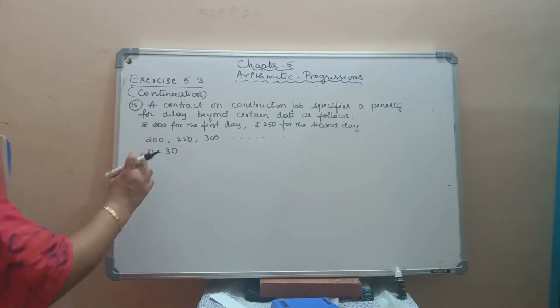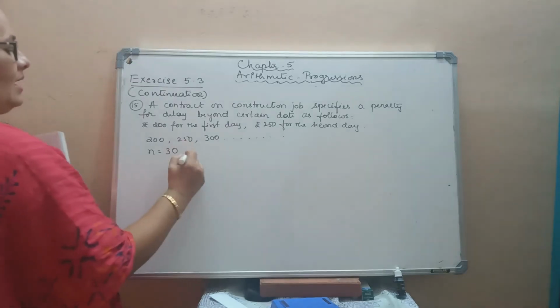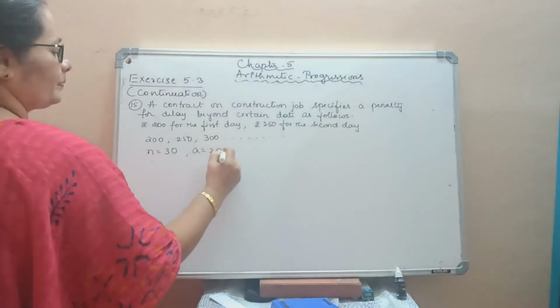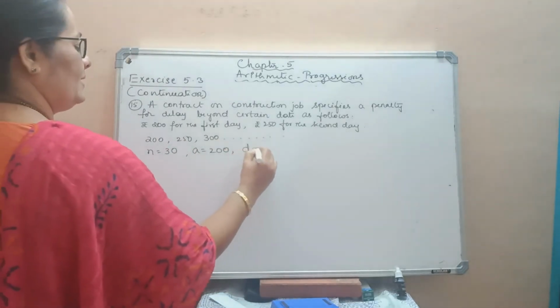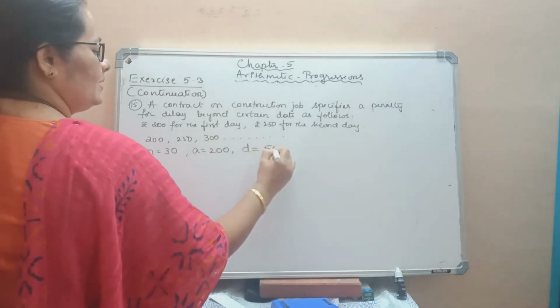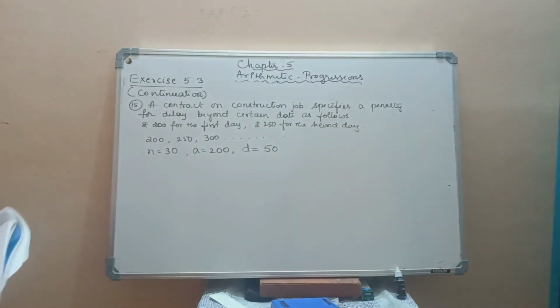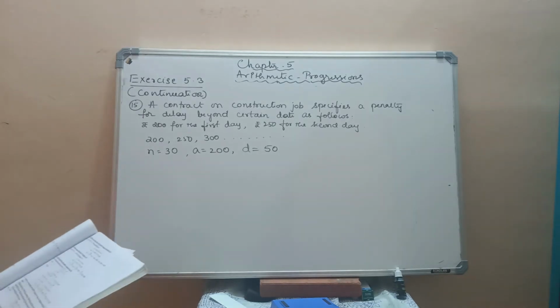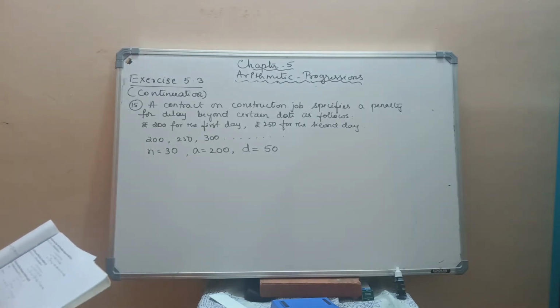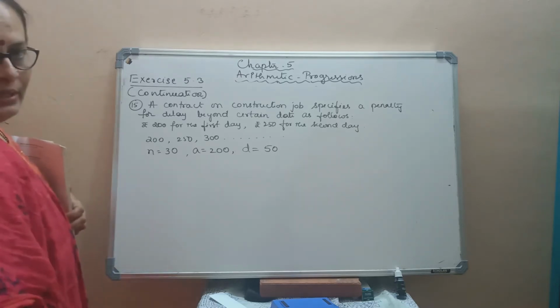So, n is 30 and a is 200. And what will be the difference? 50 rupees. You need to calculate how much money the contractor has to pay as penalty. So, which formula can we use here?